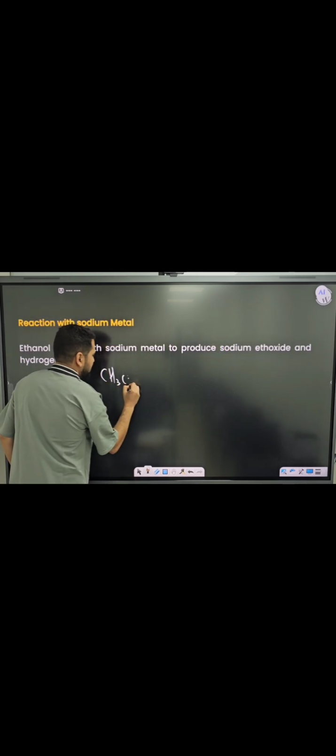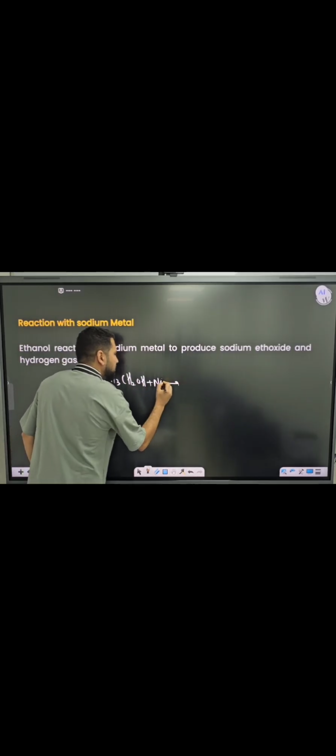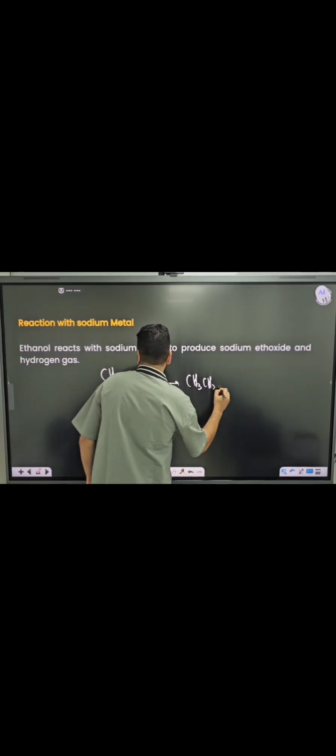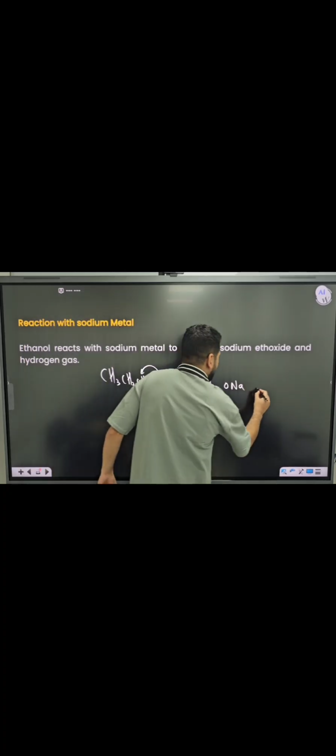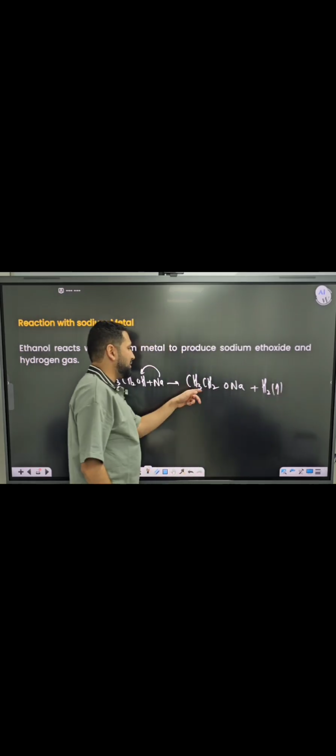Again, if I take CH3CH2OH and react it with sodium metal, the sodium will displace hydrogen, leading to the formation of CH3CH2ONa plus hydrogen gas. Now you have to name it. What's the name of this compound?